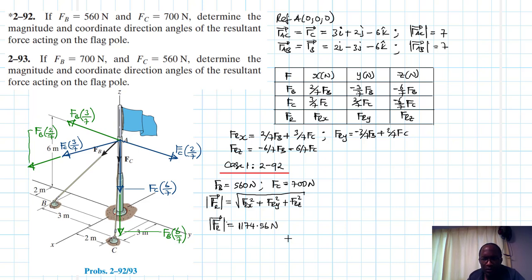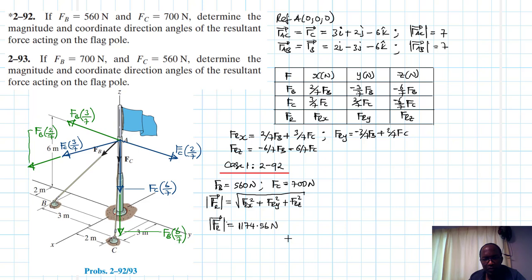This is the magnitude, but of course we are not yet done. Let me go through again. 2/7 by 560 plus 3/7 by 700, squared, plus minus 3/7 times 560 plus 2/7 by 700, squared, plus 6/7 by 560.